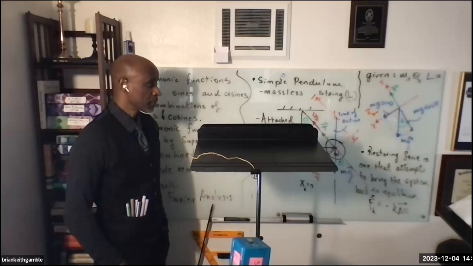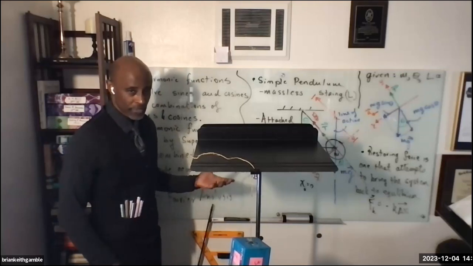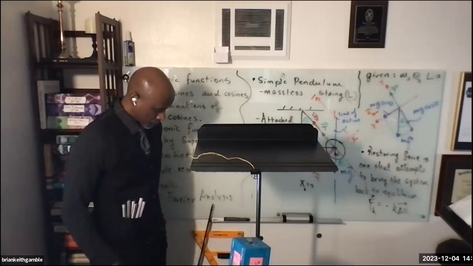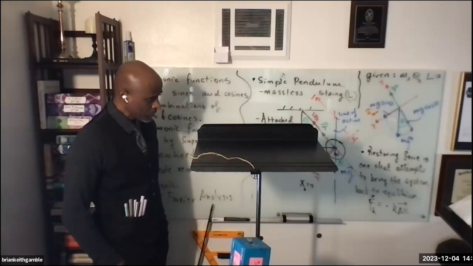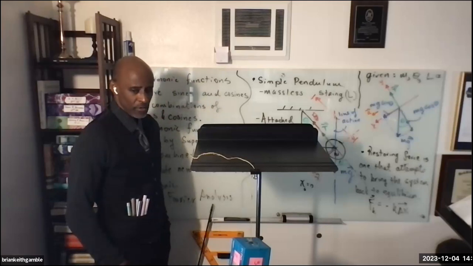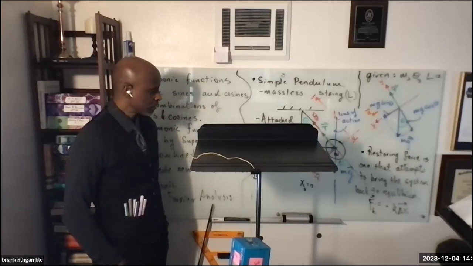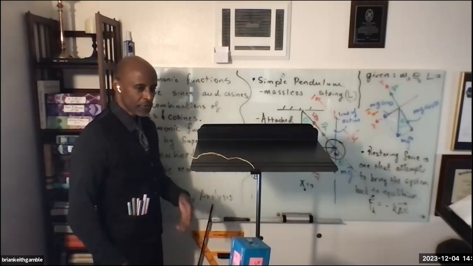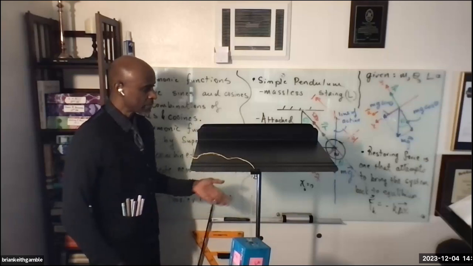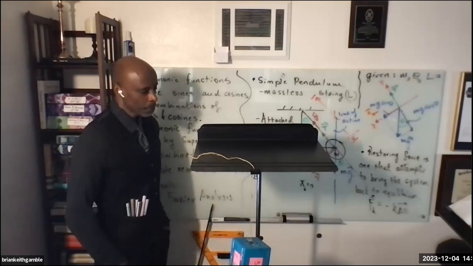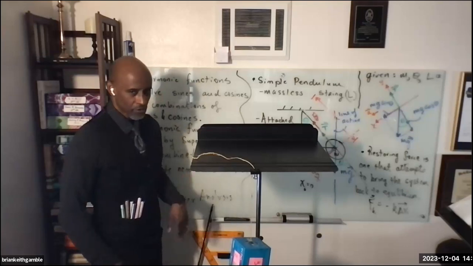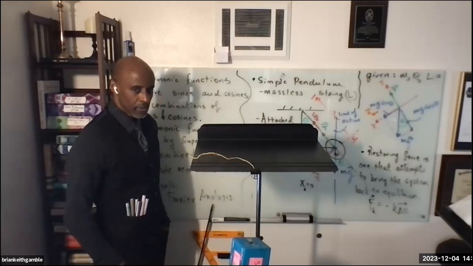I'm going to do it this way because I want to reinforce rotation, since we just got into it at the end of the semester. Your book might do it the other way. Books do it different ways. But it'll be nice for you to see if you can apply Newton's second law for rotational motion and come up with the same result that we come up with using Newton's second law for linear motion. Okay?